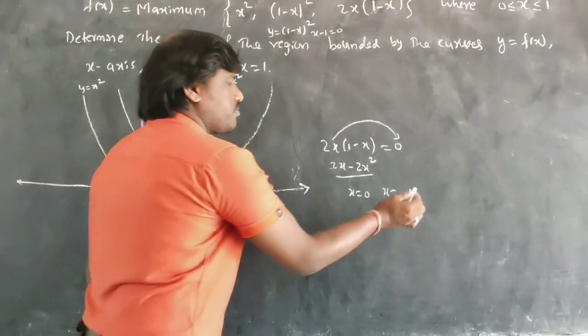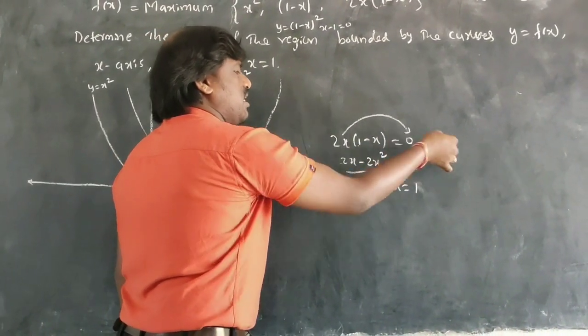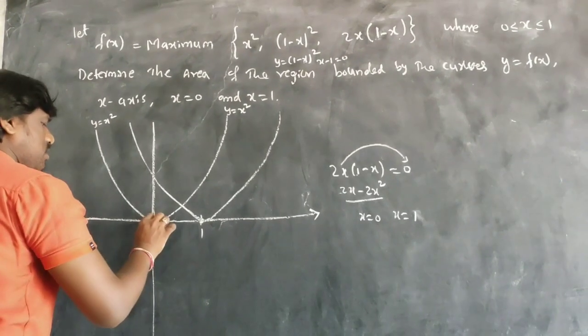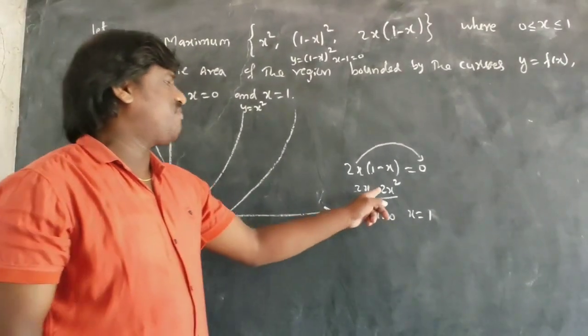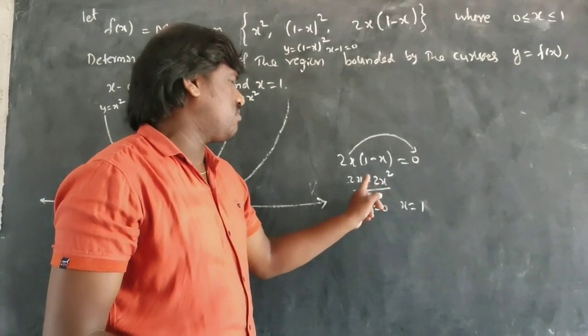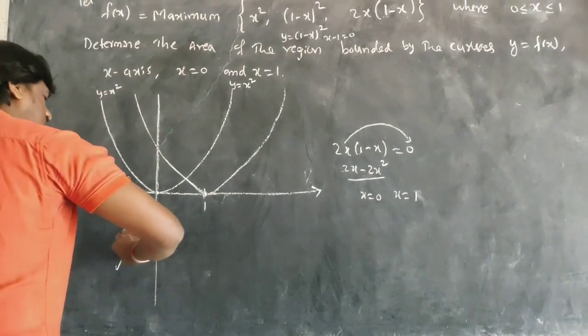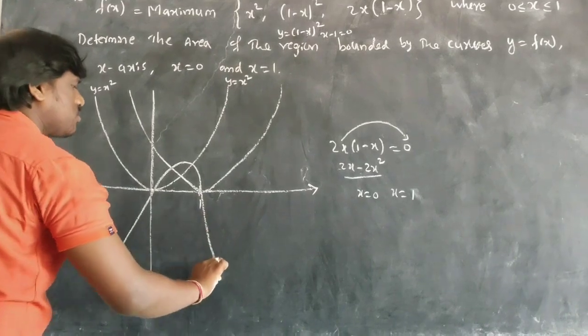So the graph has zeros at 0 and 1, and since the leading coefficient is negative, the graph goes in this way.